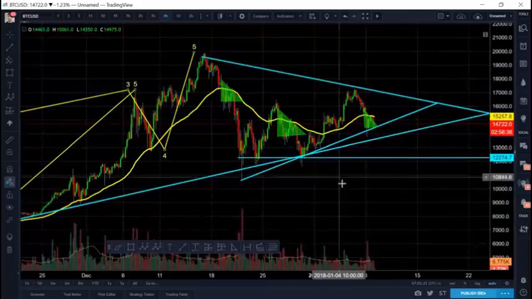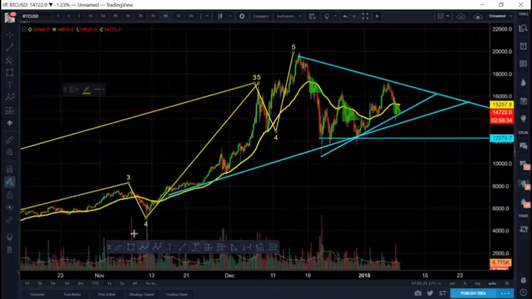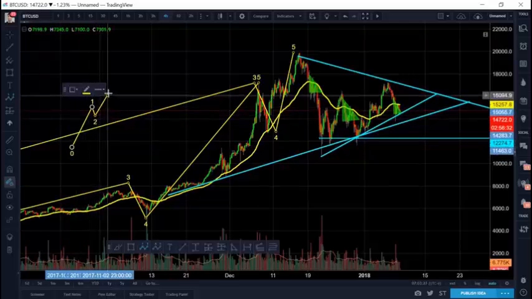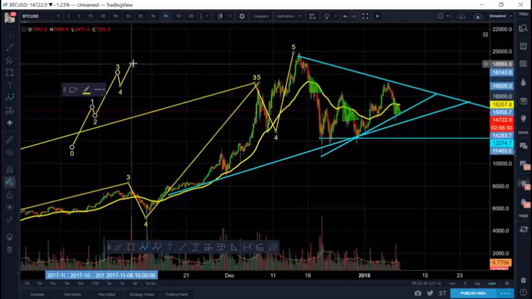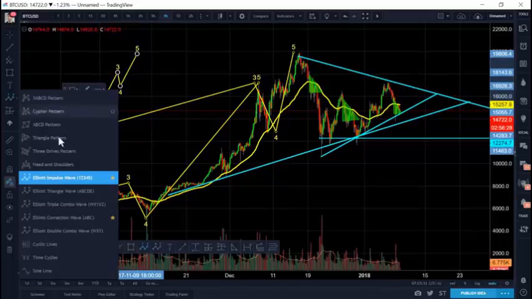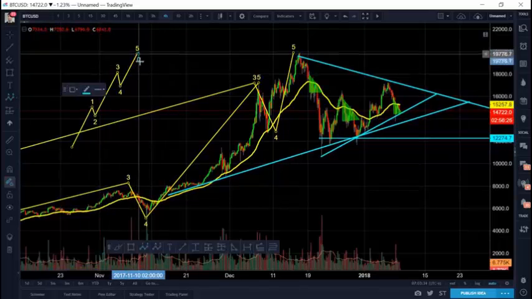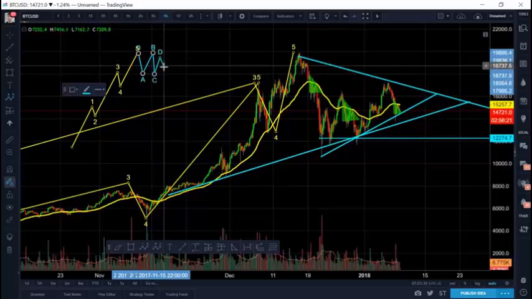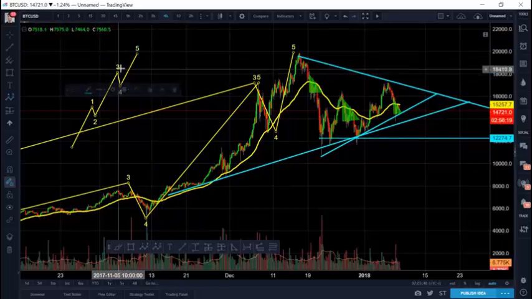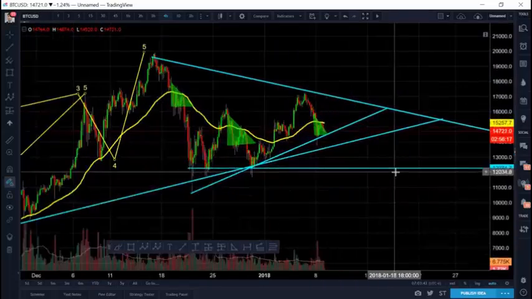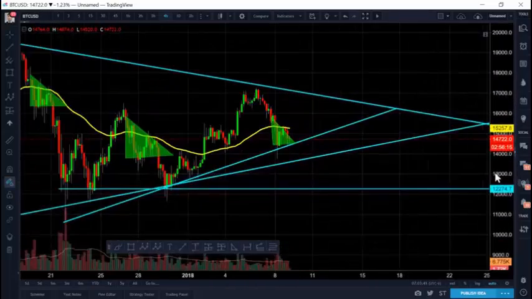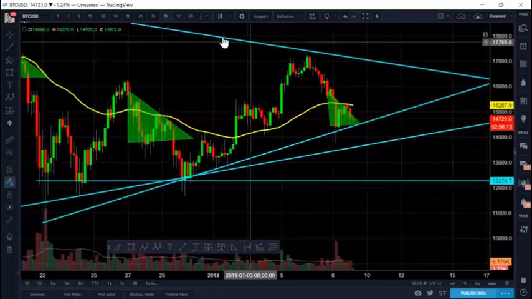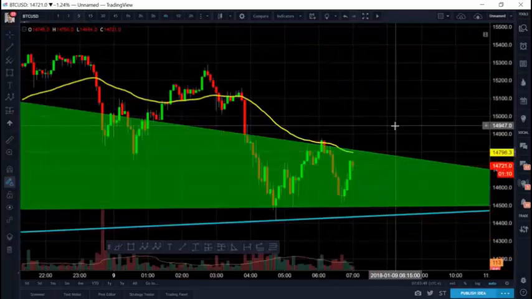The only thing I'm very sure of is that it has made a 1, 2, 3, 4, 5 type pattern, and then now Bitcoin is going to do, you guys are going to be blown away by the similarity, some sort of A, B, C, D, E type of correction. You're going to be blown away by the similarity. So we're at 14,700 right now. We've dropped a little bit already, I think.